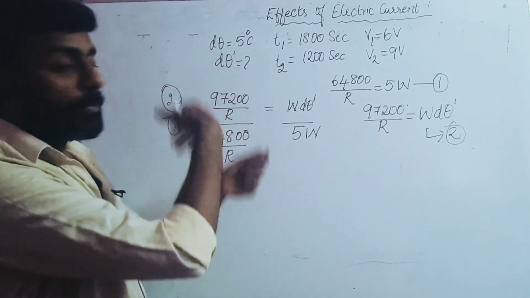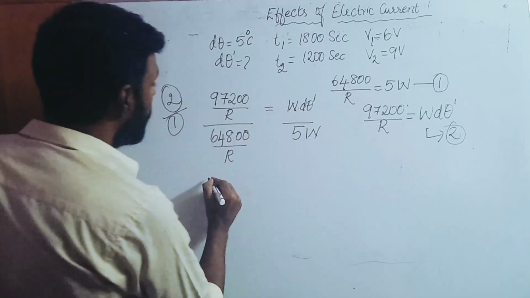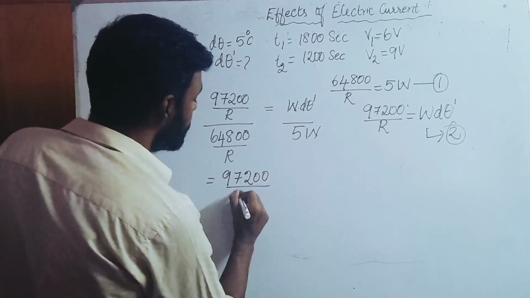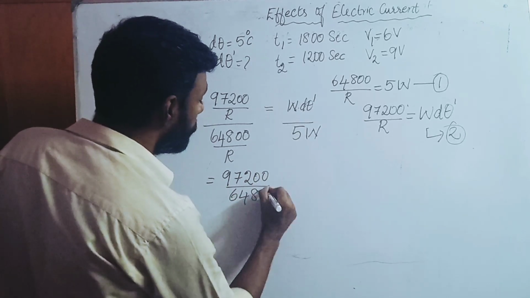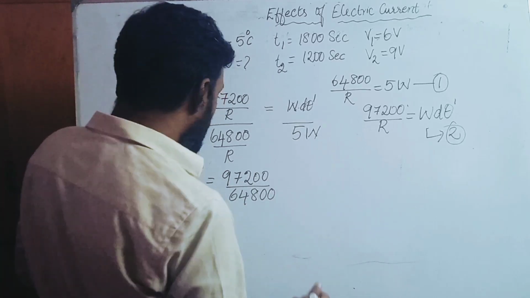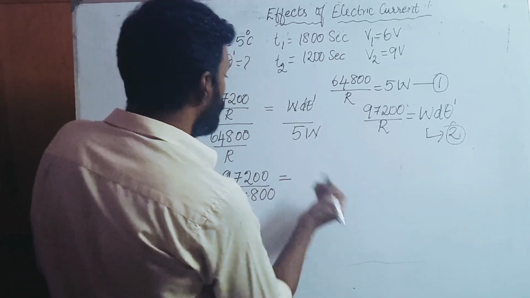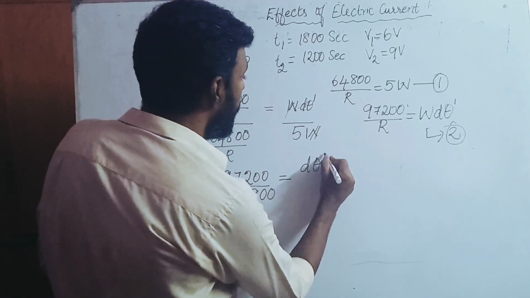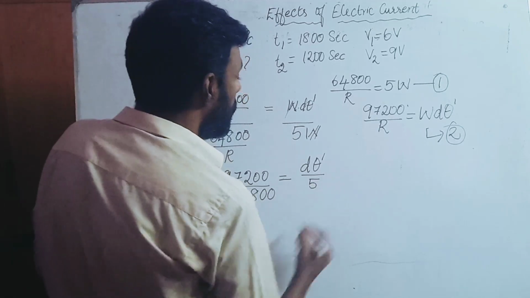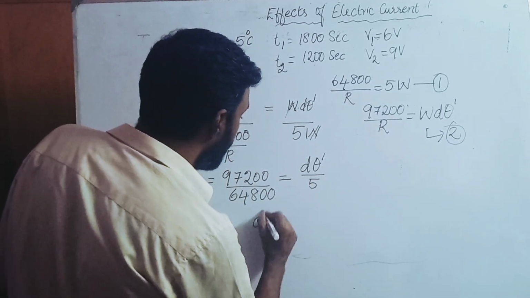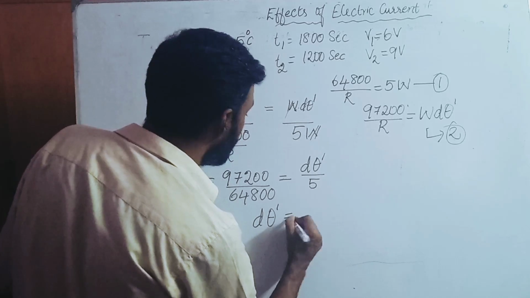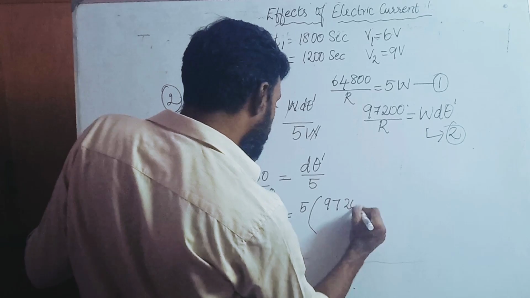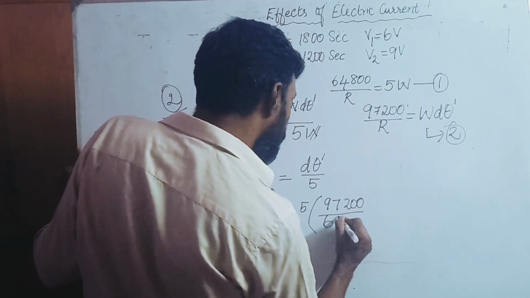If I cross multiply and simplify, it will become 97,200 divided by 64,800 equals d theta dash divided by 5, as W gets cancelled. So d theta dash is nothing but 5 into 97,200 divided by 64,800.